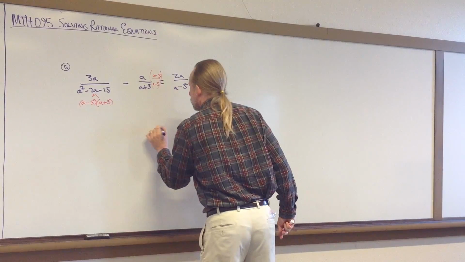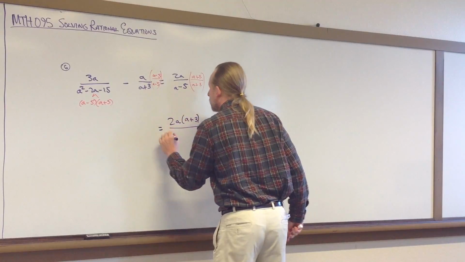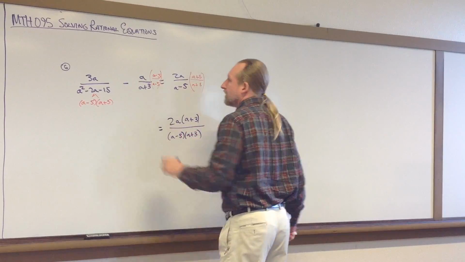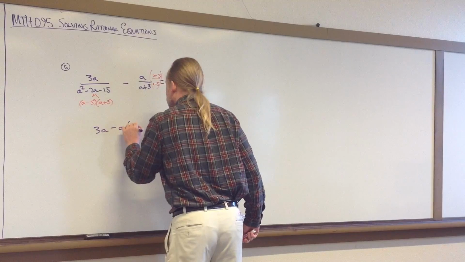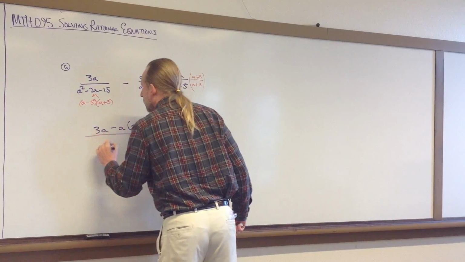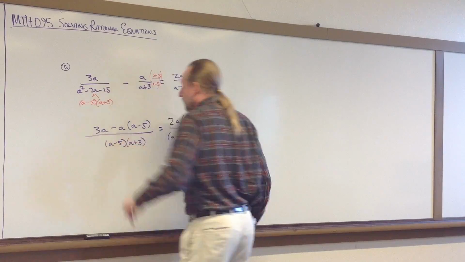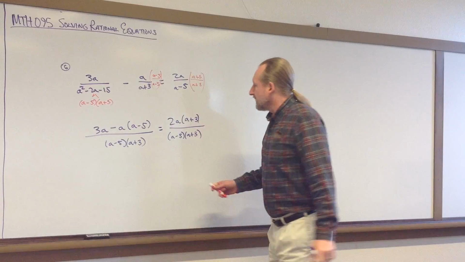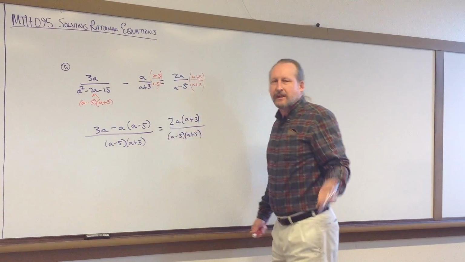Okay, so on this side we get 2a times a plus 3, and then on the bottom a minus 5 times a plus 3. Over here we get 3a minus a times a minus 5 on top, and a minus 5 times a plus 3 on the bottom. Now, we don't want to do any canceling. You can cancel these, but that would eliminate the common denominator.